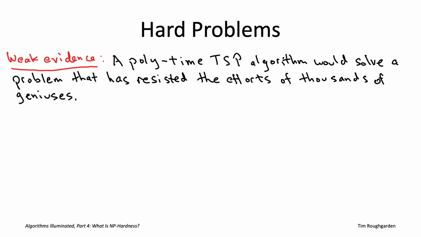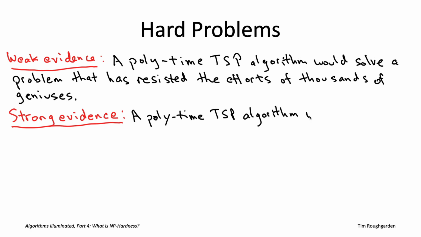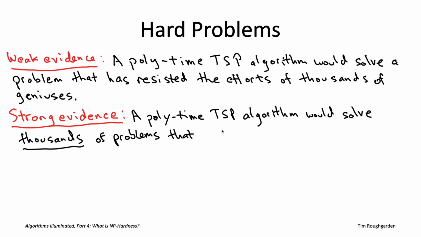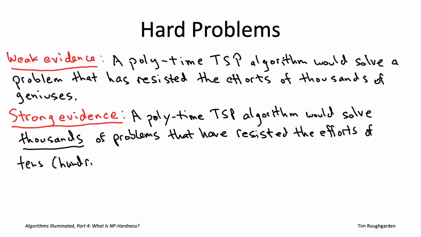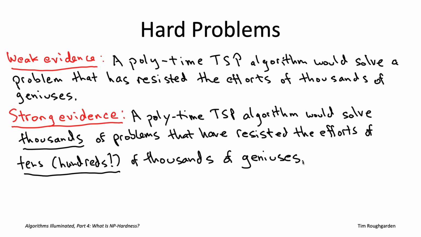But the magic and power of NP-hardness is that it gives much stronger evidence that there's no polynomial time algorithm for the TSP, by showing that if there were a polynomial time algorithm for the TSP, that would automatically give you polynomial time algorithms for thousands of other currently unsolved problems.